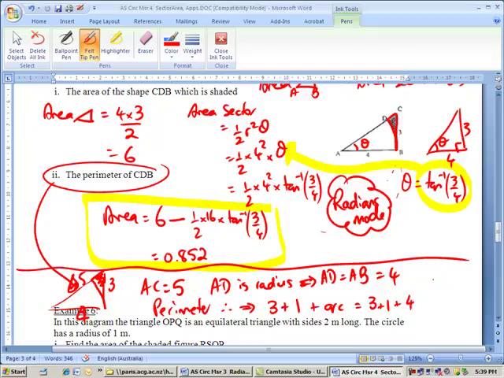And the arc length, remember, is r theta, and our angle is inverse tan of 3 over 4.